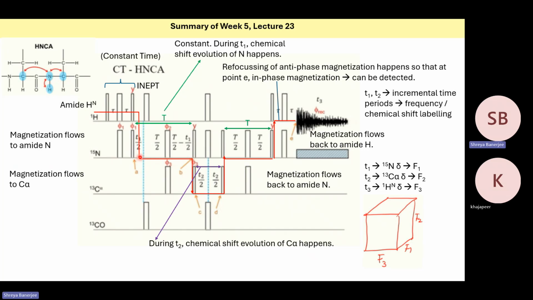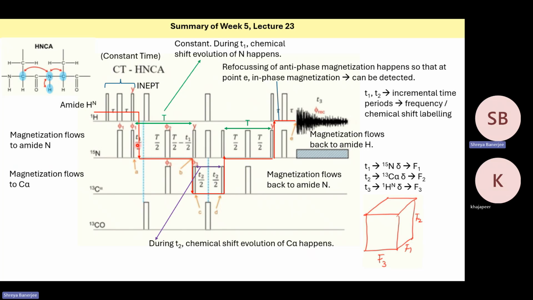Then there will be evolution of magnetization of this amide nitrogen for a total time period shown by this green arrow, which is T. So the amide nitrogen magnetization is evolving for a total time period of capital T, and this T is constant. Because this T is constant, it is called constant time HNCA.